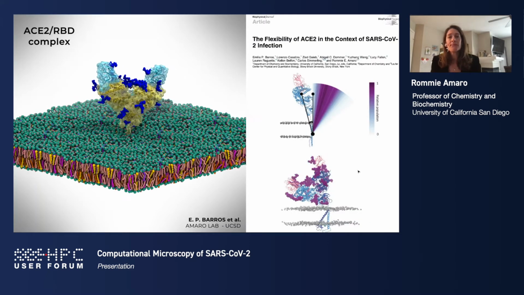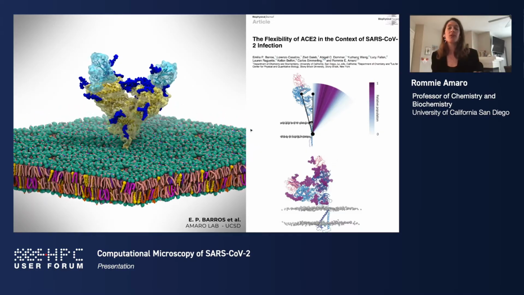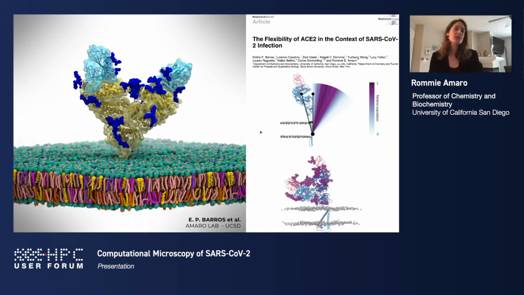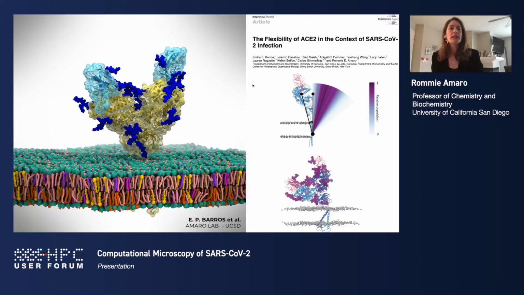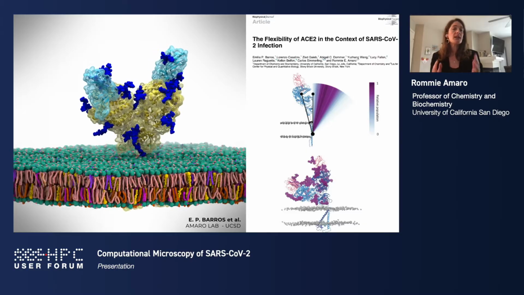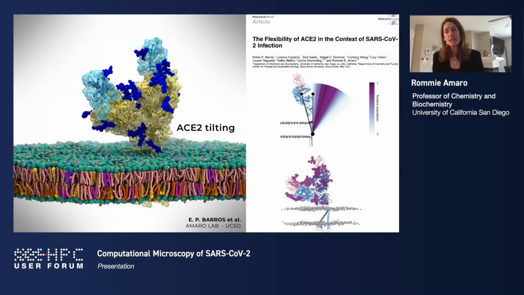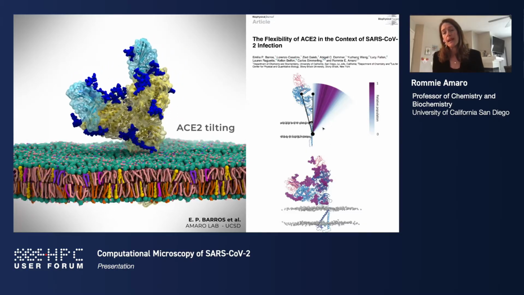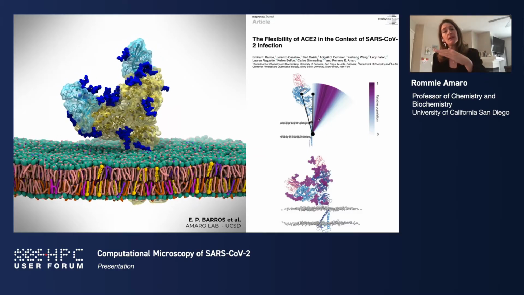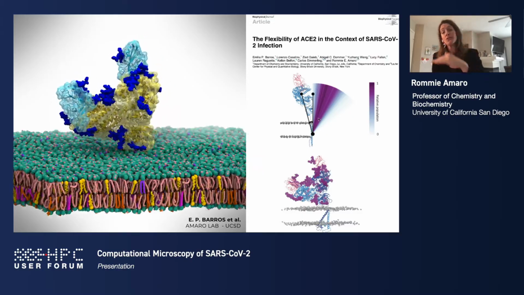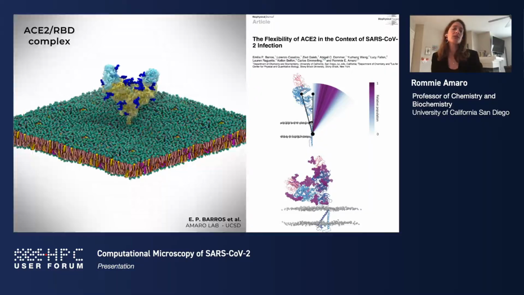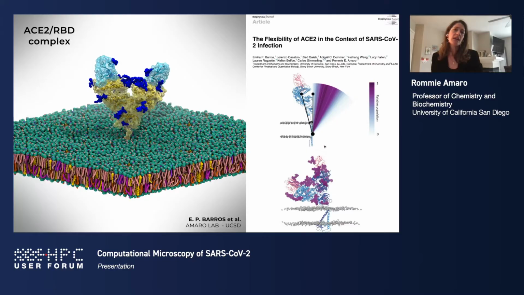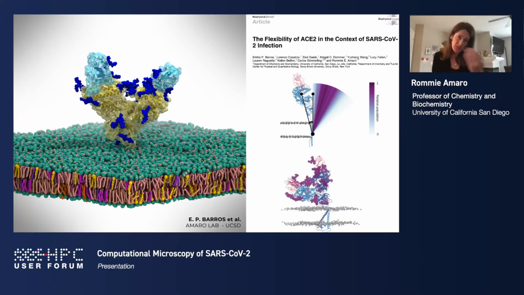And so beyond just looking at the spike, we're also very interested, of course, to look at the other components more closely in terms of what it's interacting with as it approaches the host cell. And so we have carried out simulations of that ACE2 receptor. One of the interesting things we found here is that it has a very large and unexpected degree of flexibility relative to the membrane, and actually can lean down and touch the membrane.